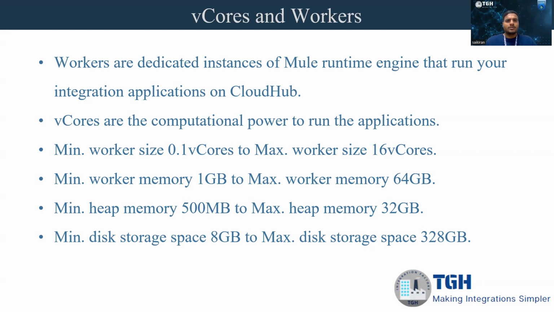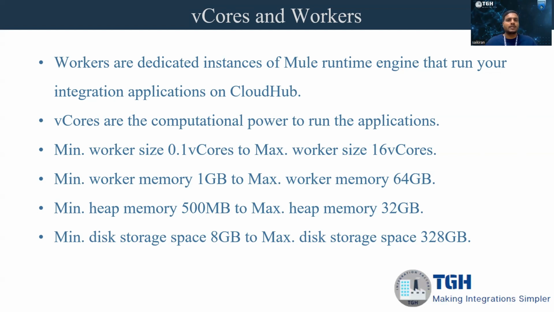But for our workers, we need high availability, because there may be an outage situation and we should not miss each and every request. Then we will use horizontal scaling, that is, we will add more workers of the same size. For example, we will add multiple instances of 0.1 vCores, meaning multiple workers.